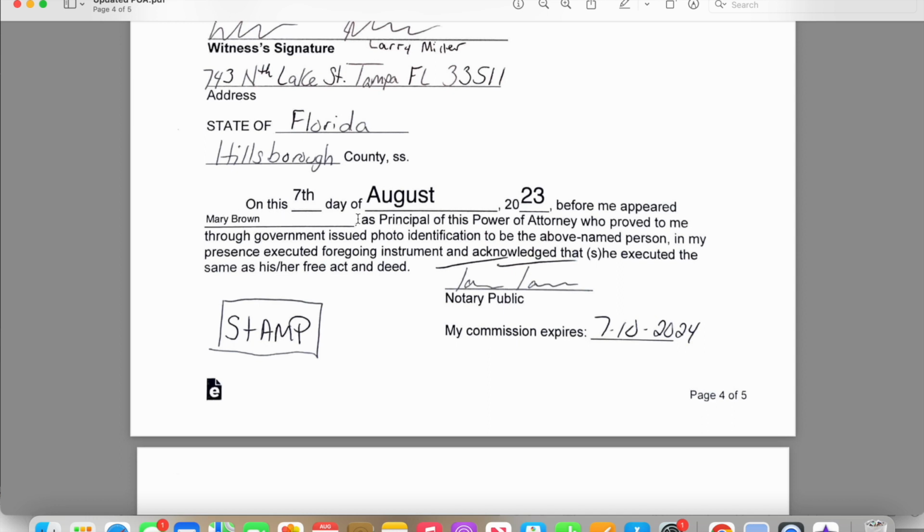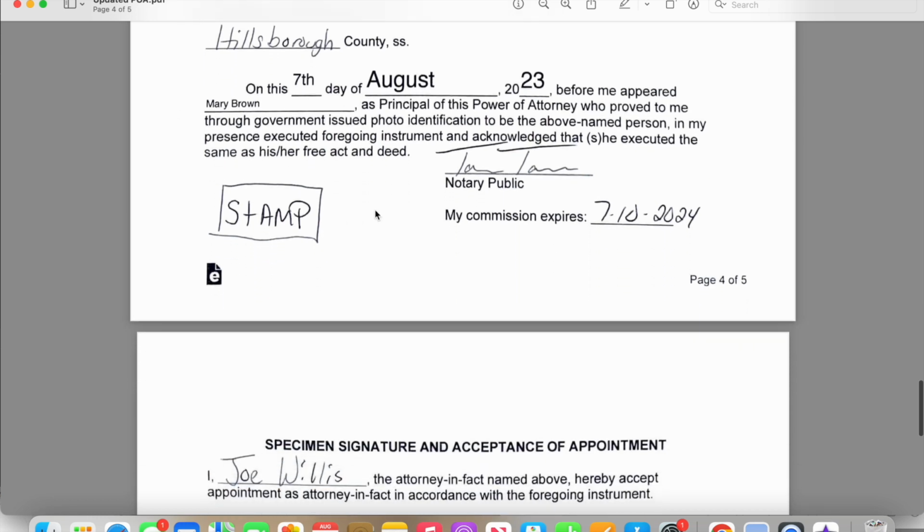If you forget, you can see it says as principal. So remember, the principal is the person that's doing all the initialing. You're going to sign your name here. You're going to write your commission expiration date, and you're going to stamp. And how you can always remember to stamp is wherever you sign, you need to stamp. Wherever you stamp, you need to sign.